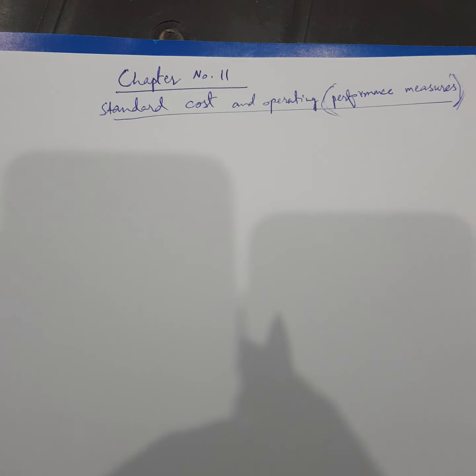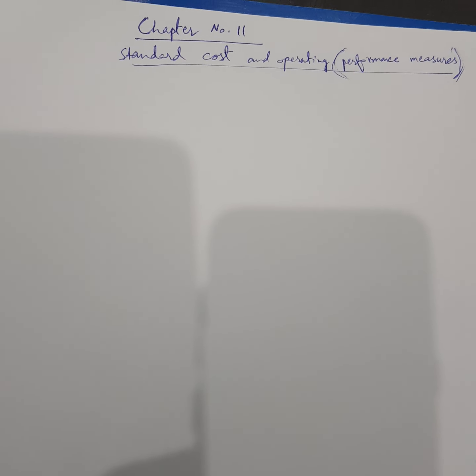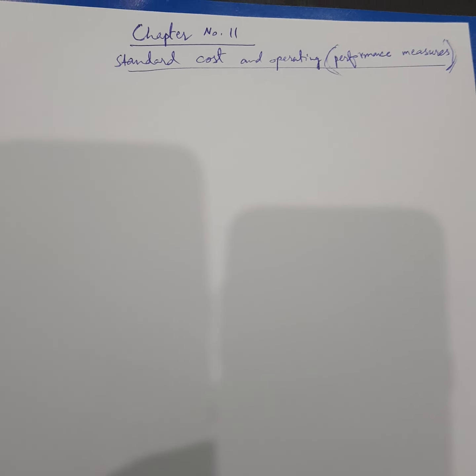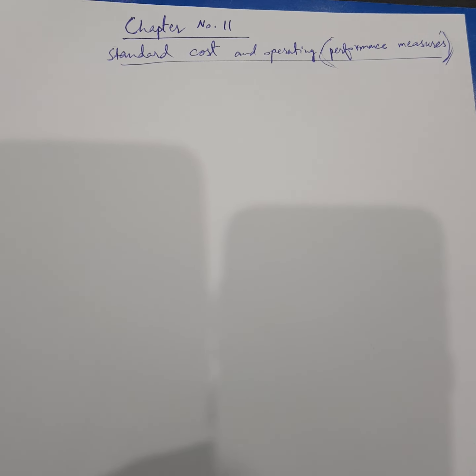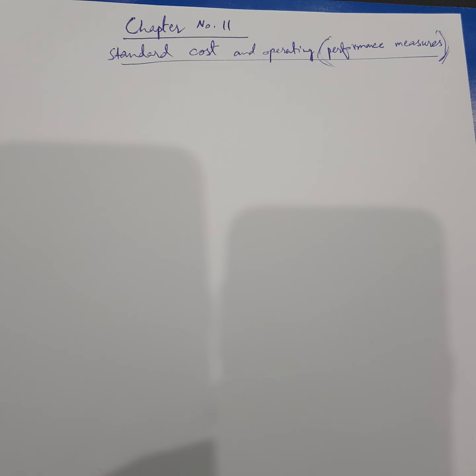Whenever we set goals, to attain those goals we perform some work. So we have to analyze how much work is done and what the results are. If the results are up to the standards that we set to attain goals, then it's okay.